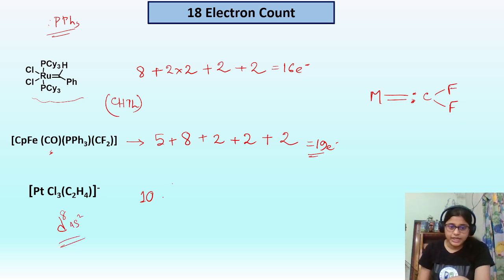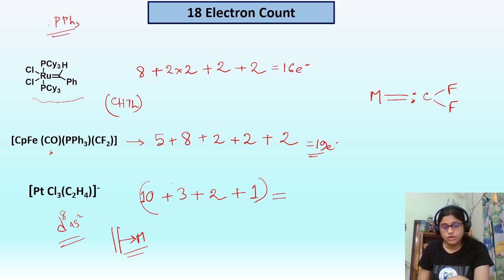Okay. So 10 plus 3 from each Cl will be counted, and C2H4 means this alkene, so the pi bond is actually donated. So plus 2, and the minus charge is there, we have to add it in the electron count. So 13, 15 and 16, it has 16 electrons.